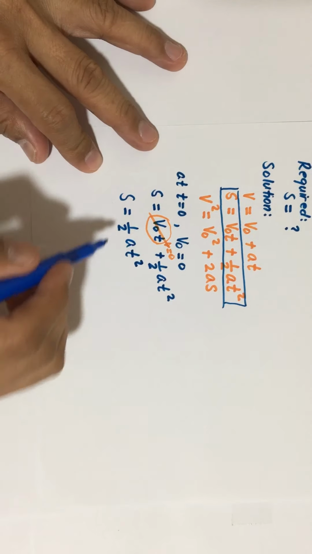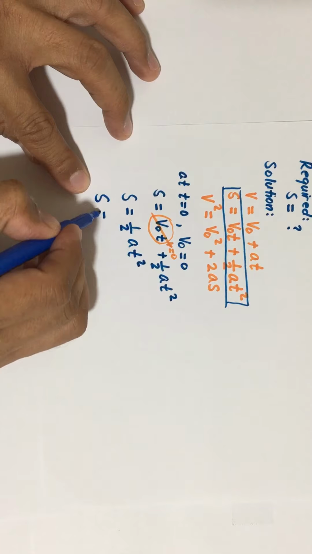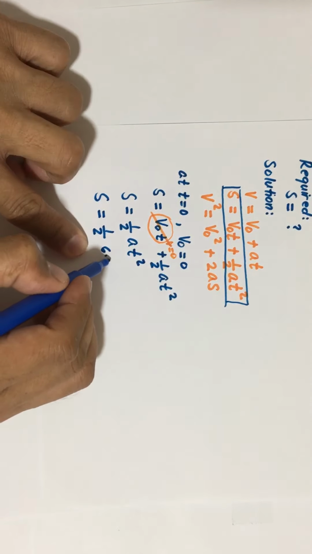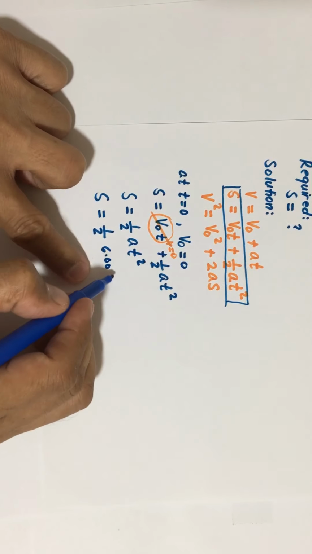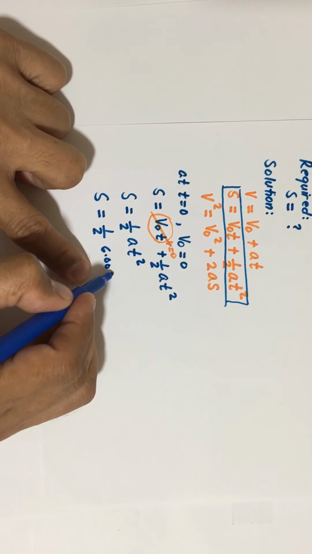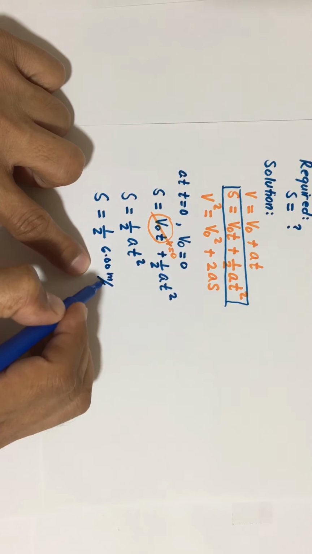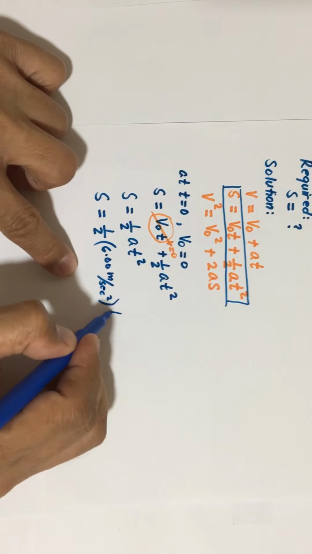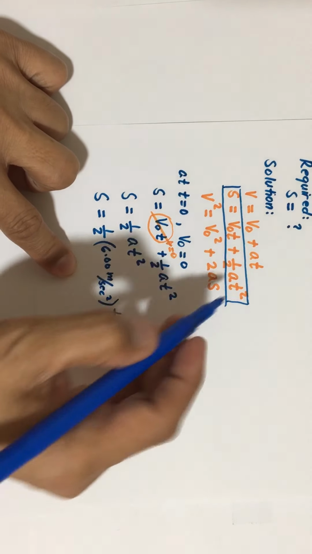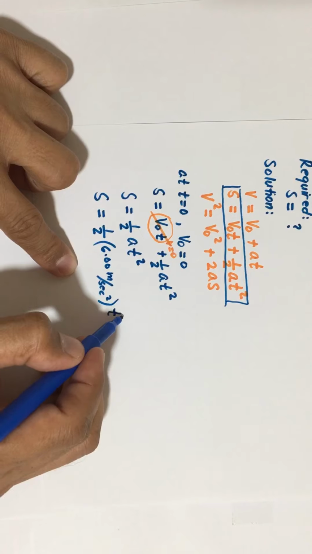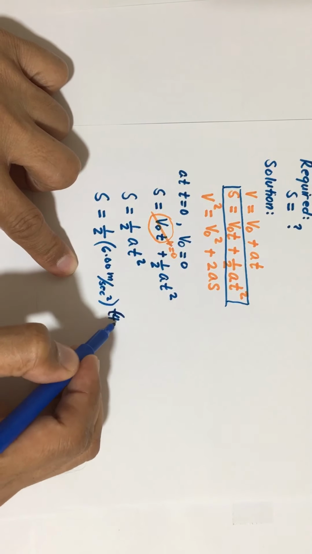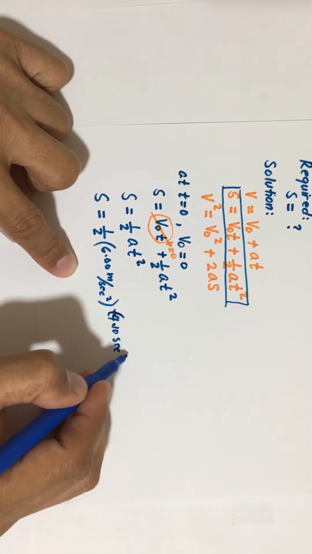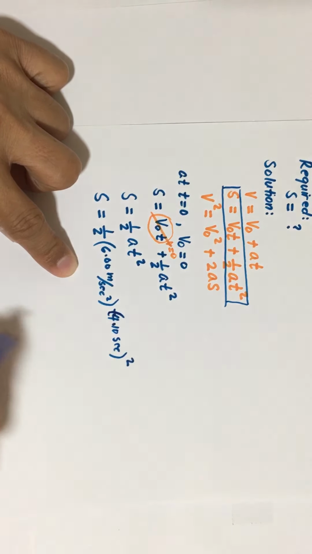Then substituting the given, the acceleration is 6 meters per second squared, multiplied by the time, 4.10 seconds, and this is squared, right?